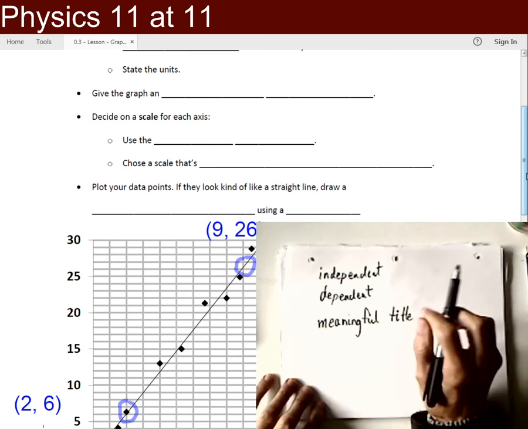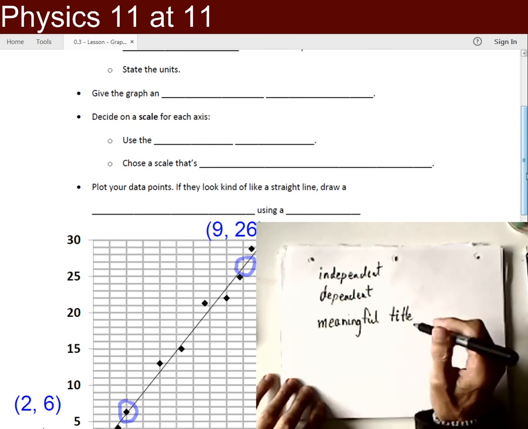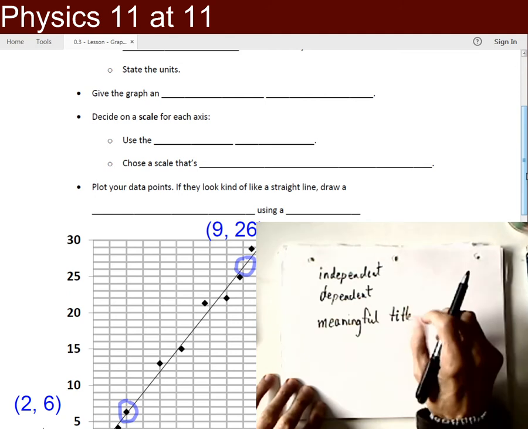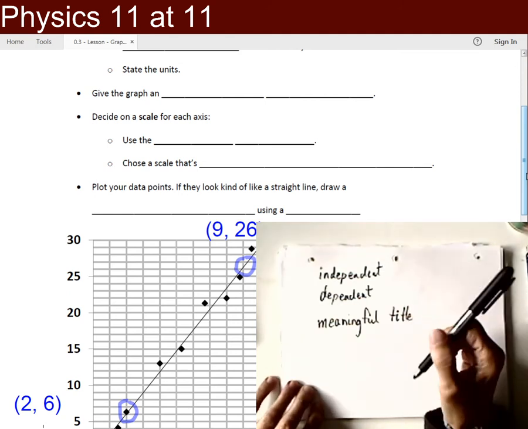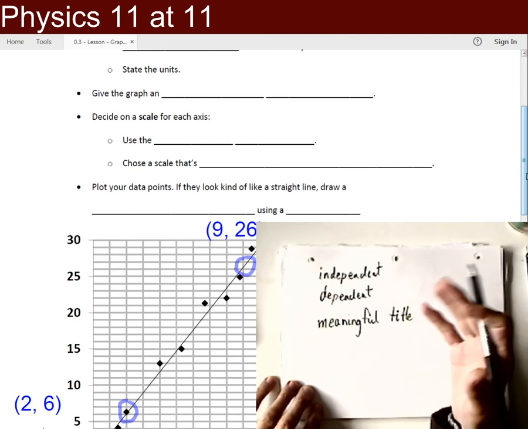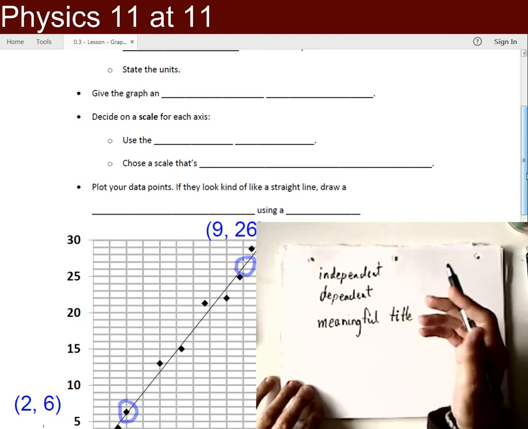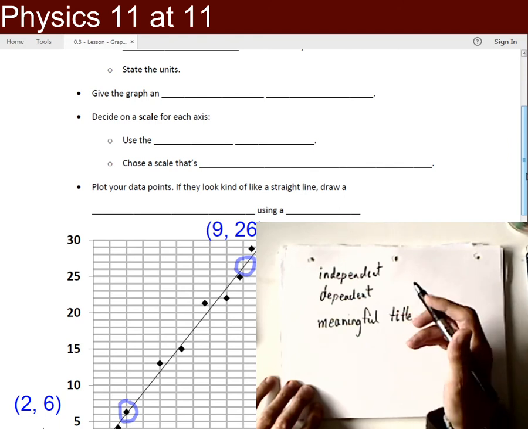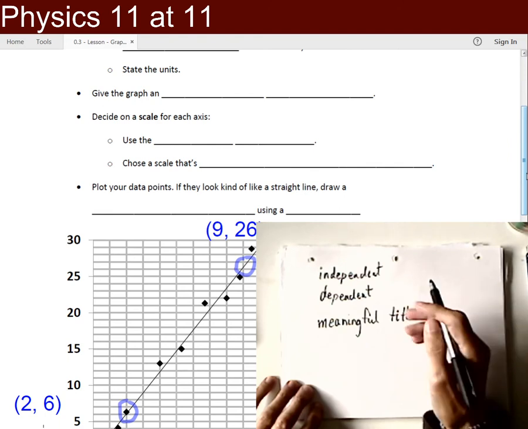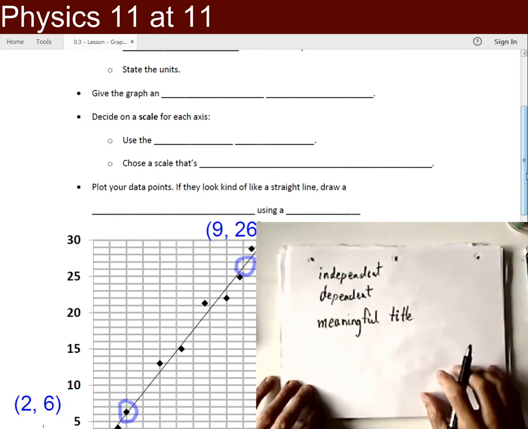These next couple of blanks, these are more for if you're doing it on paper, which you are free to do. You are also free to use technology such as Desmos and whatever else you have available. So this might not apply if you're working with technology. Often it's chosen for you once you enter the points.